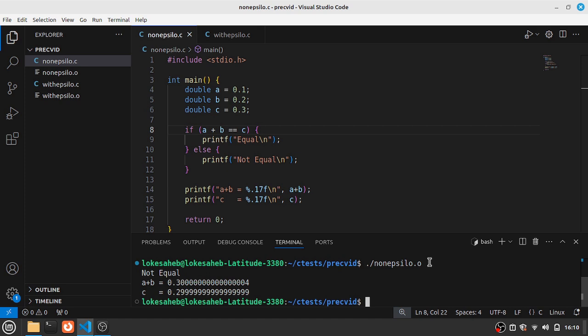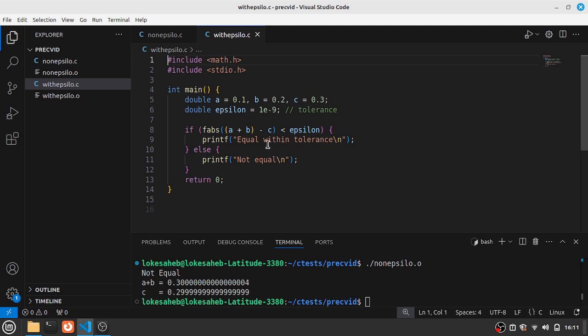This happens in cases where a very, very small difference occurs between two values. So how do we handle this problem? For that we have another program. Here we introduce a constant tolerance, which is a very small value.